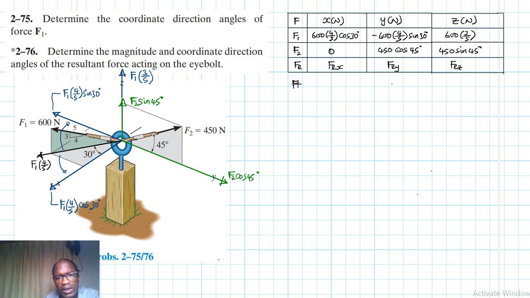All right, so we have FRx equal to, where is my calculator? That's 600 by 4 divided by 5 cos 30.